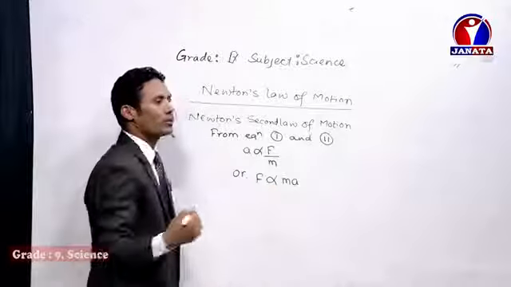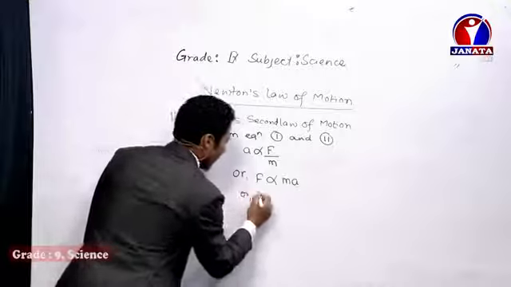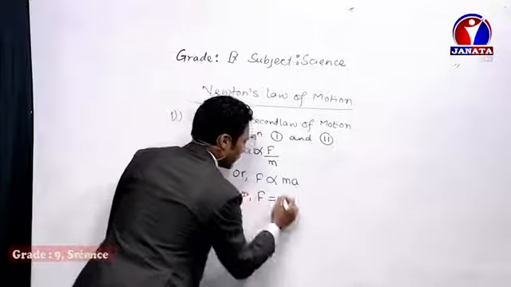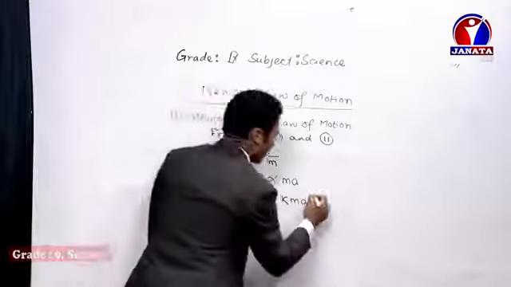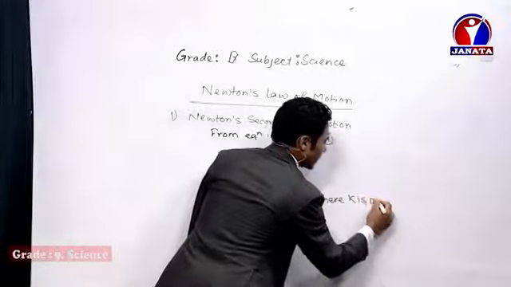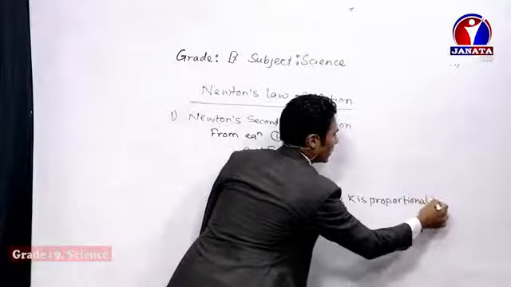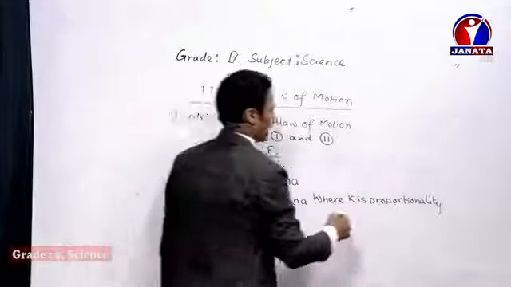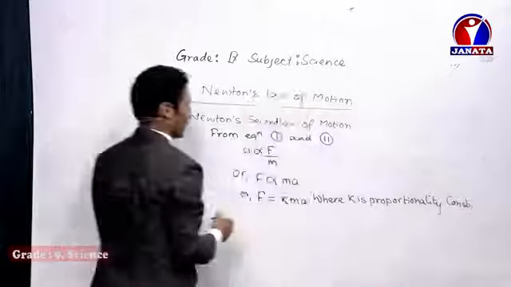We need to remove this proportional sign for simplification. That's why F equals k m a, where k is the proportionality constant, right.